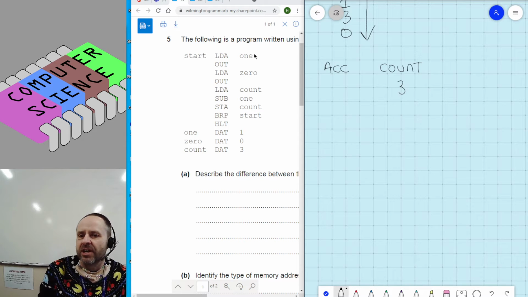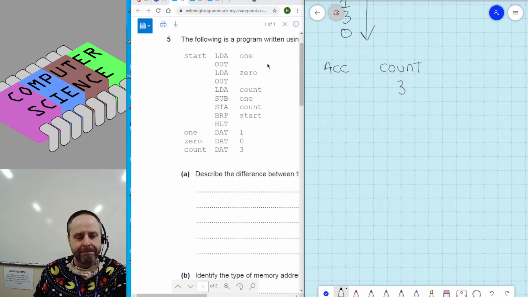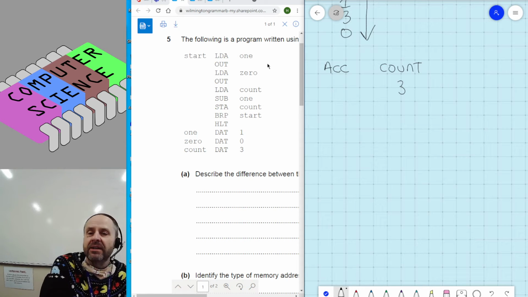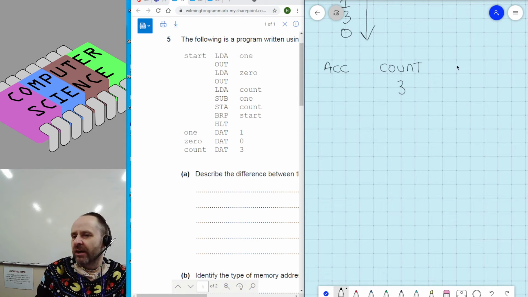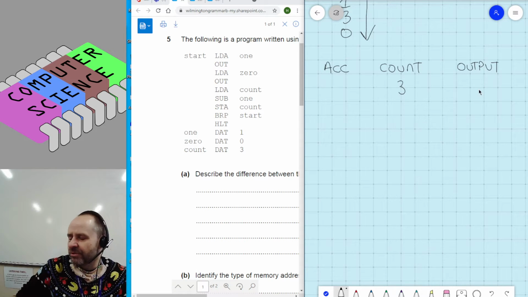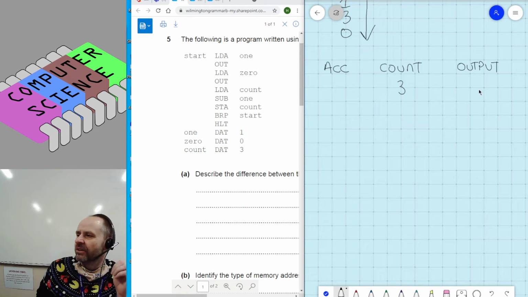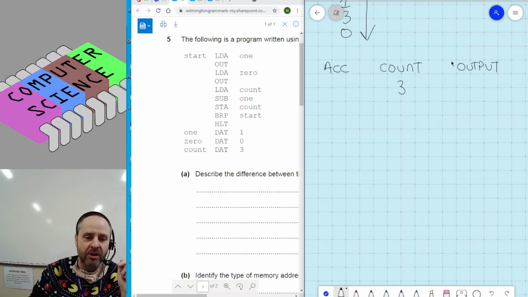Okay, and then start with the LDA 1. You might need, because you're going to do out a few times, you might want to keep an output column. And every time you out, so that you can then look back to see what the output was. So yeah, you might want to keep track of the output there. Okay, off you go with that.